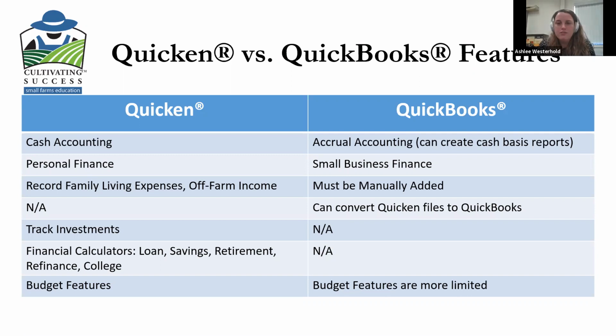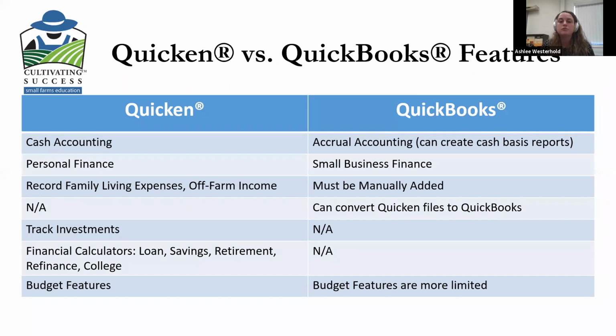So what are the differences between Quicken and QuickBooks and their features? And so Quicken is a cash accounting system. So just farmers, farmers and ranchers, are the only ones that are allowed to use cash accounting. Where QuickBooks is accrual accounting, but you can create cash basis reports. Quicken is used for personal finance.